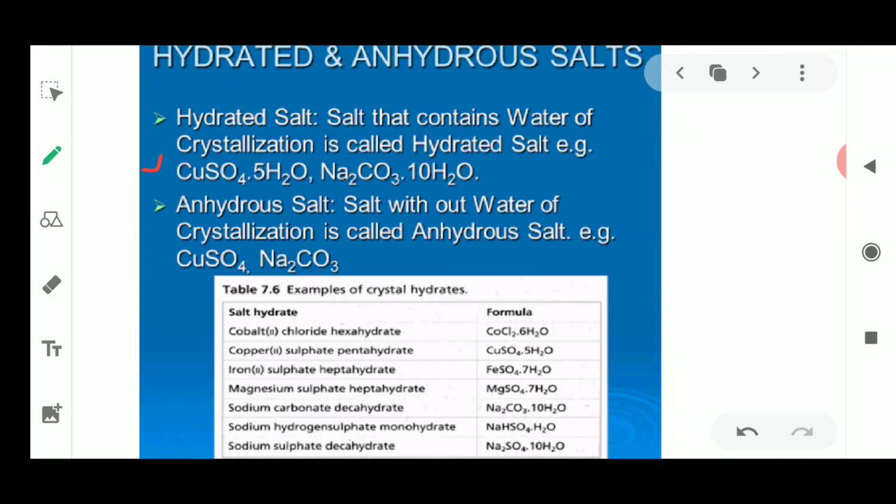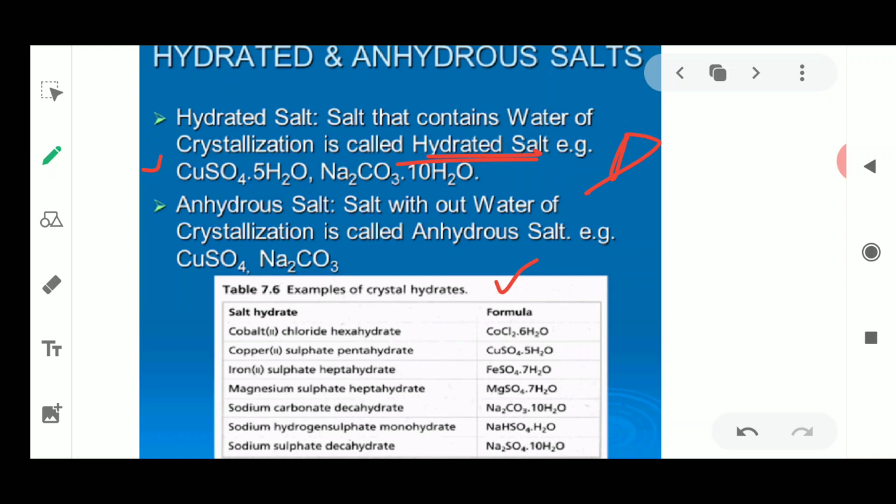Now anhydrous salt means salt without water of crystallization. It is very simple to obtain the anhydrous salt from the hydrated one, because we are going to simply heat the hydrated salt, from where it is converted into anhydrous form. Now I will tell you about various examples of hydrated crystals of salts.